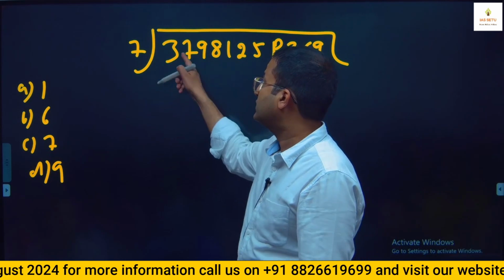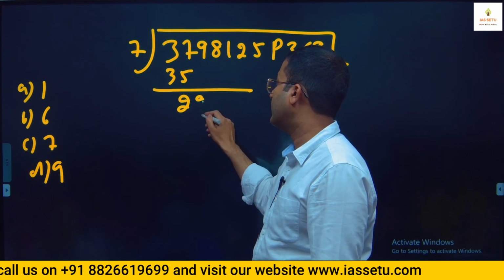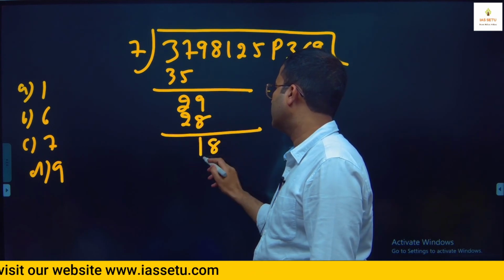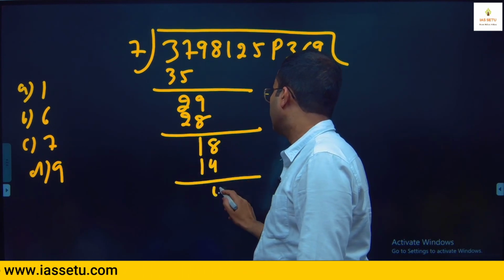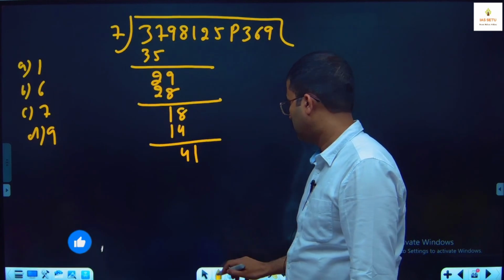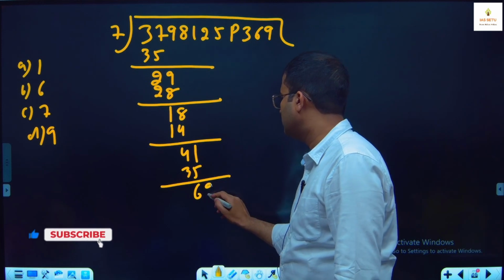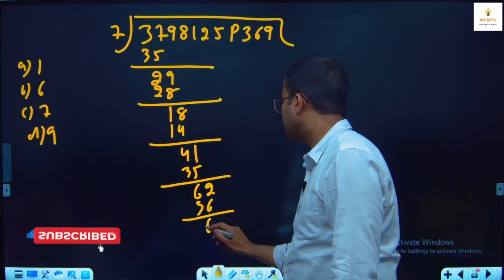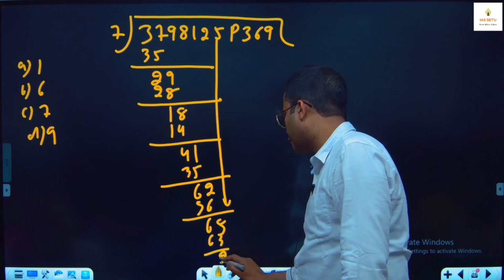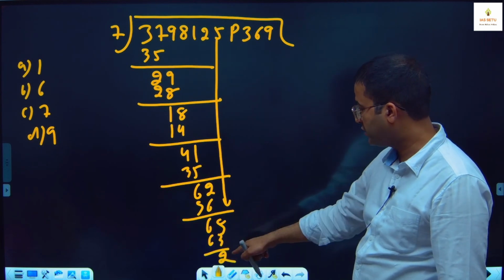How? 7 5s are 35, 2 and 9 is 28, 1 and 8 is 14, 4 and 1 is 5, 7 5s are 35, 6 and 2 is 56, 6 and 5 is 63, remainder 2. Now after 2 comes P. This is 2, then P.